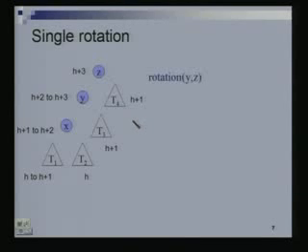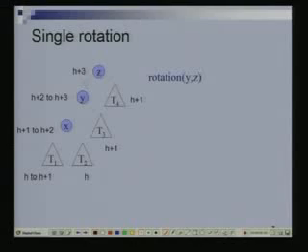Now we are going to do a rotation around this pair yz. So what does rotation do? Rotation is going to rotate this, so that y is now going to become the parent of z. Is that clear to everyone?